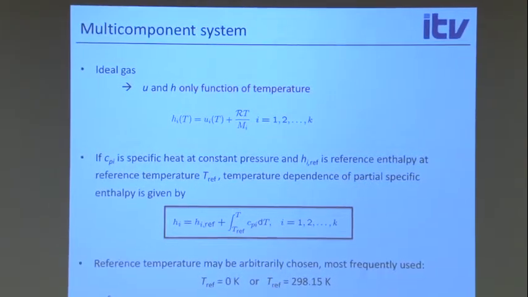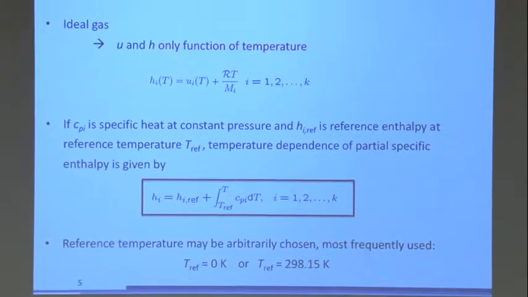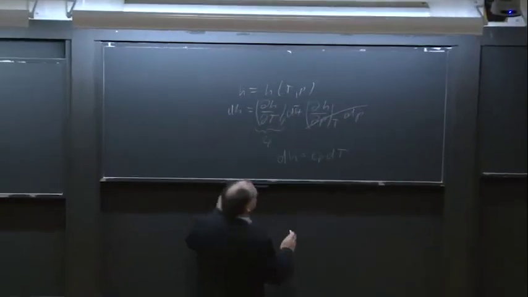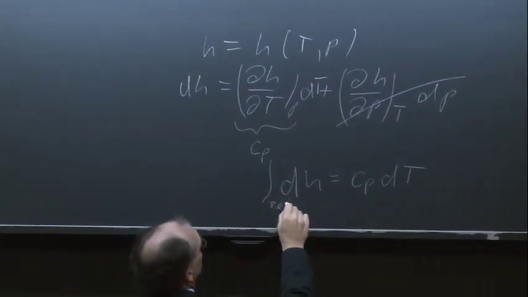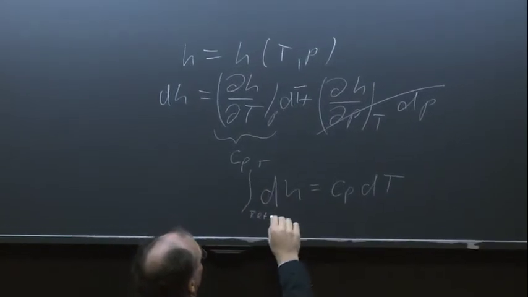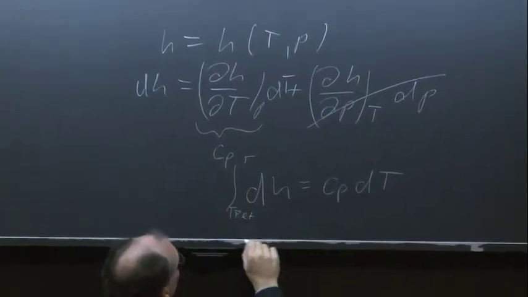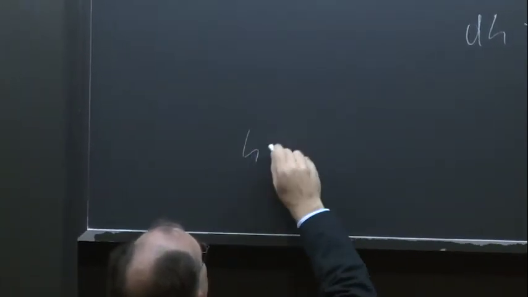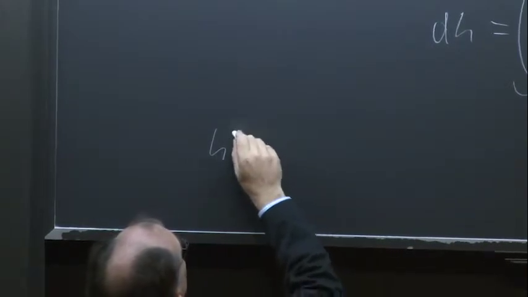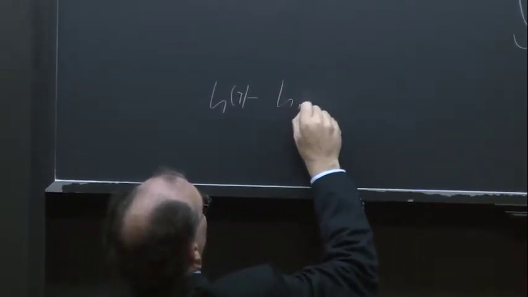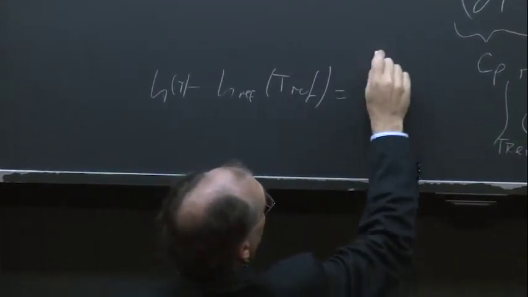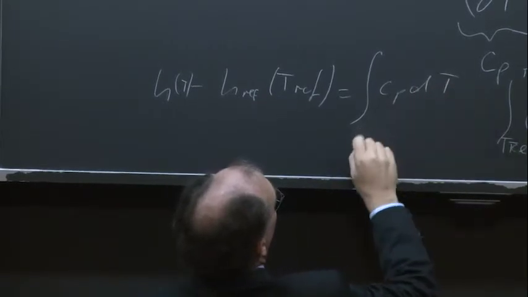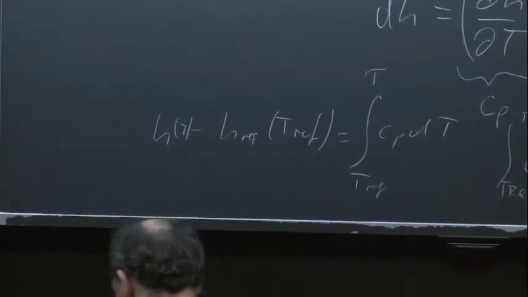If I integrate this from a reference temperature to a given temperature T, with T reference on both sides, then I have H of T minus H at the reference point, H of T reference, is equal to this integral of Cp dT from T reference to T, and this is what this says.